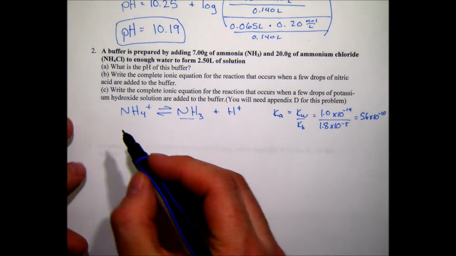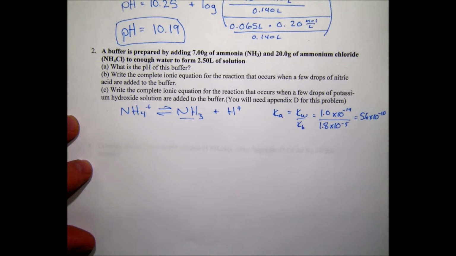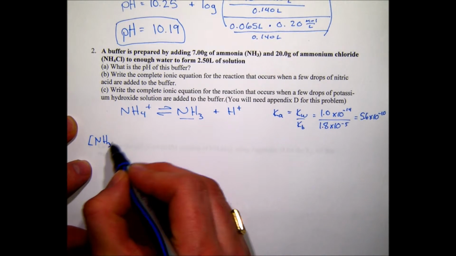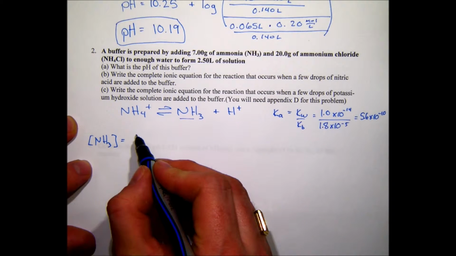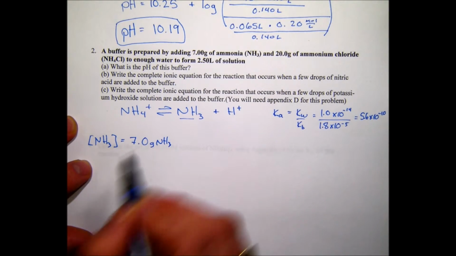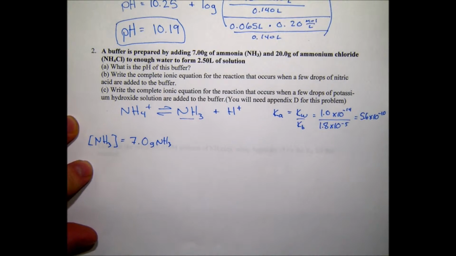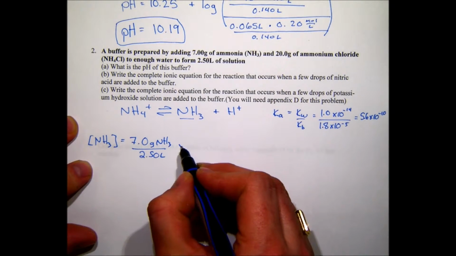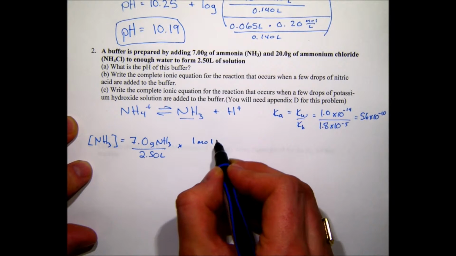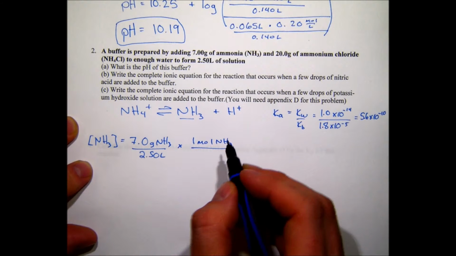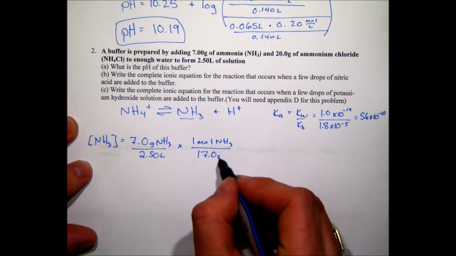Now we get the concentrations of these compounds. So first up is ammonia. The concentration of ammonia is equal to 7.0 grams of NH3 in 2.50 liters times 1 mole of NH3 over 17 grams.